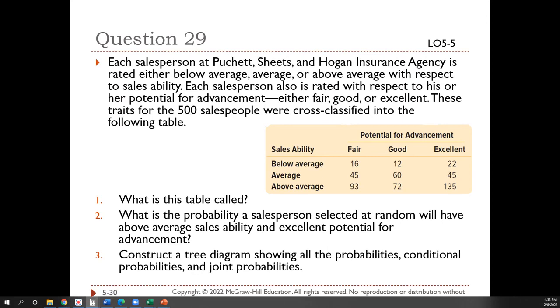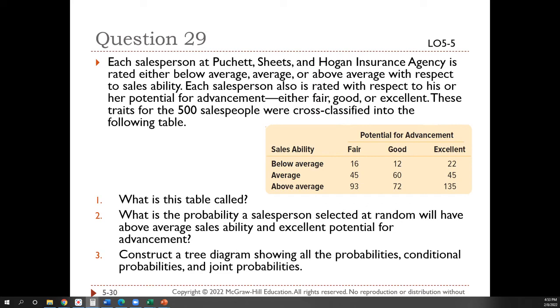So, question 29. Each salesperson at Pewitt, Sheets, and Hogan Insurance Agency, so PSH, is rated either below average, average, or above average with respect to sales ability. So this looks more like a contingency table.